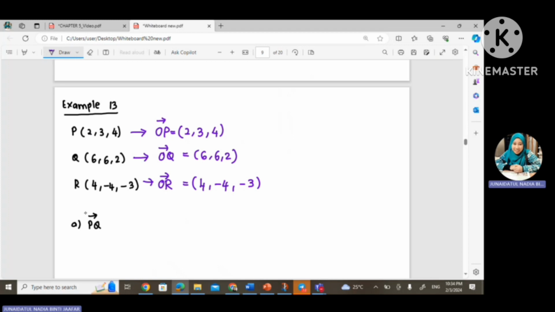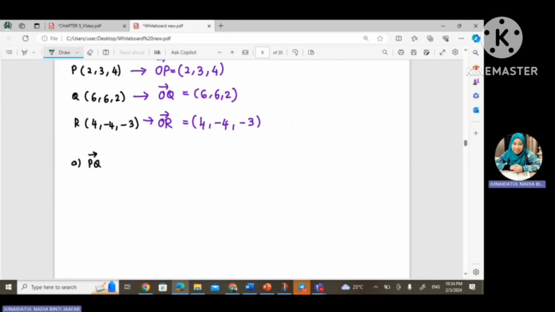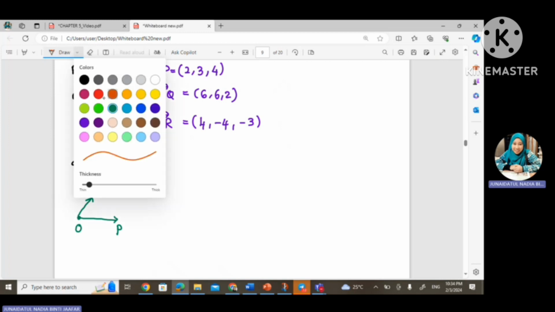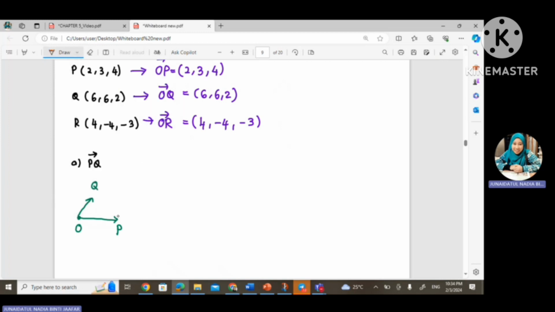The position vector must start from the origin. So to find the resultant vector of PQ, let's say we have the origin here. For the first vector, P is here, OP, and another vector is Q, OQ. So we must find the resultant vector of PQ.